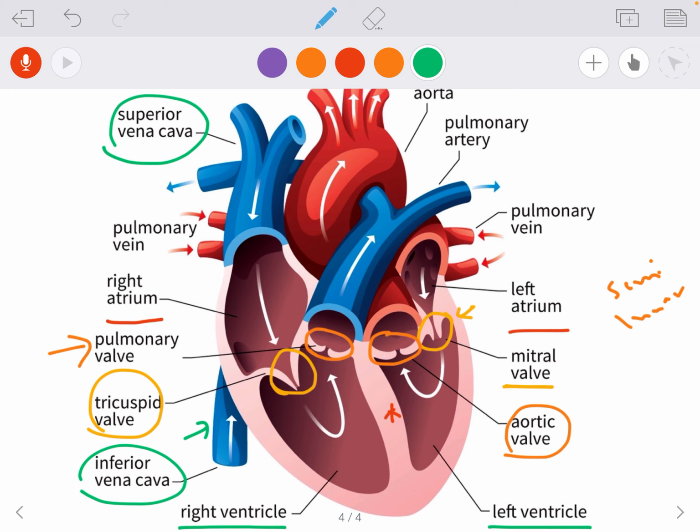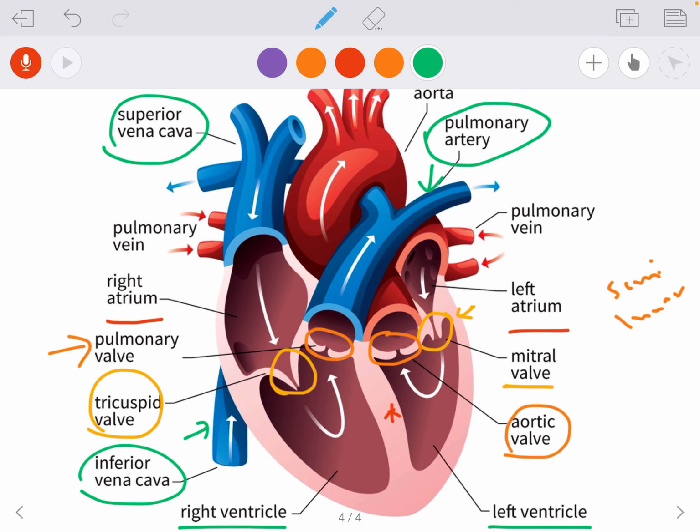What else? There is another vessel called pulmonary artery. Pulmonary artery is also colored blue. Okay, we know that arteries are responsible for carrying oxygenated blood from the heart to all body parts. But this one looks like it carries deoxygenated blood.